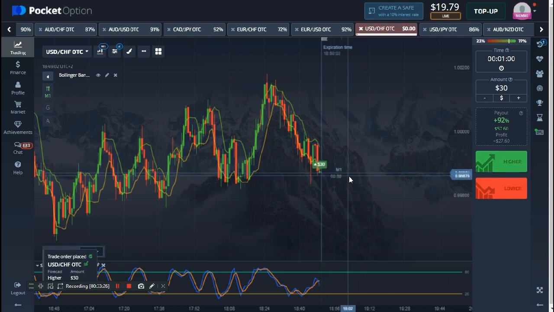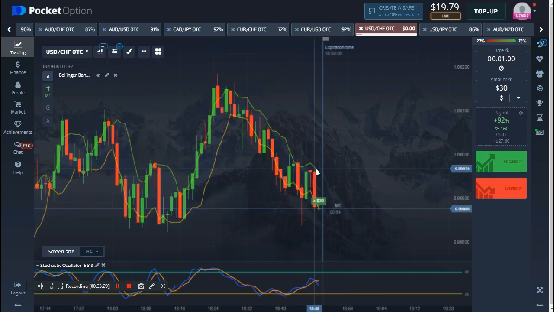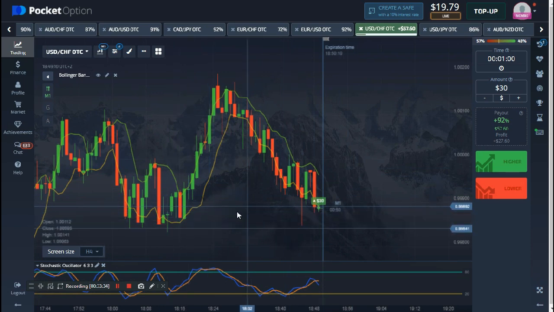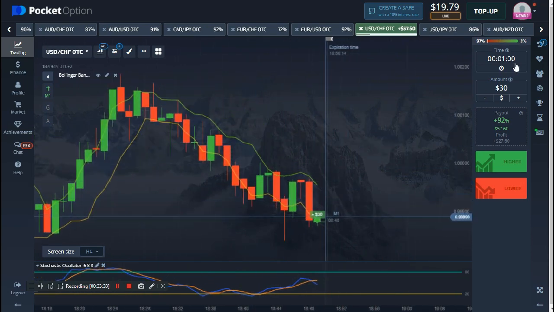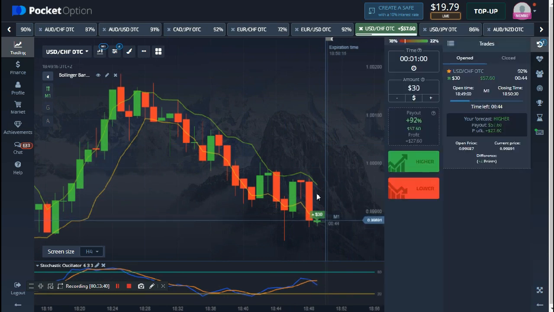I took the trade here above for 1M because it made a huge red candle, and there is some support here, so let's see the result, what will happen, loss or win.